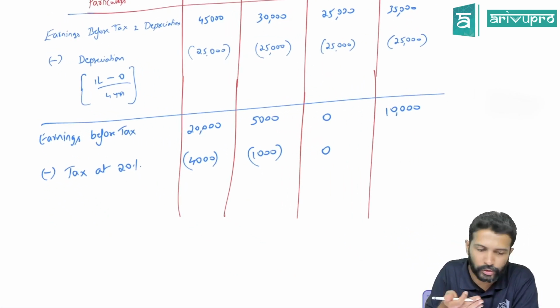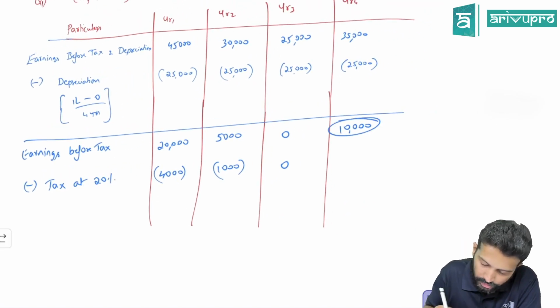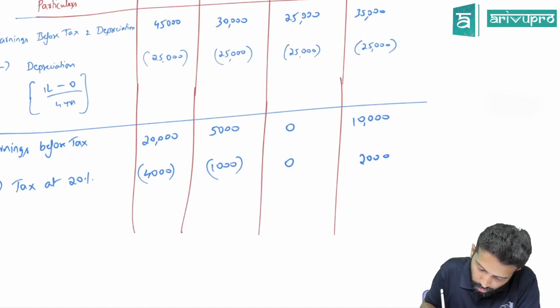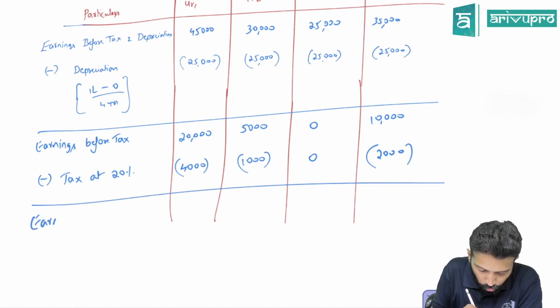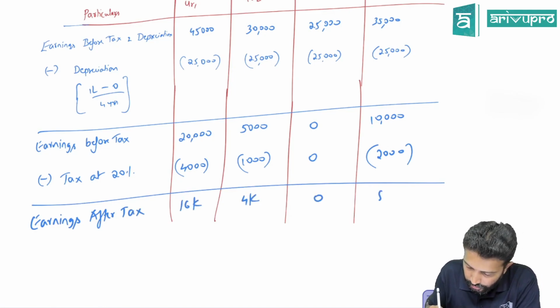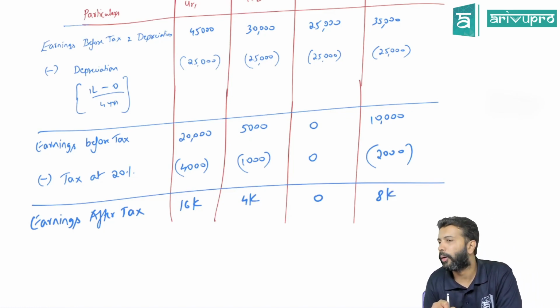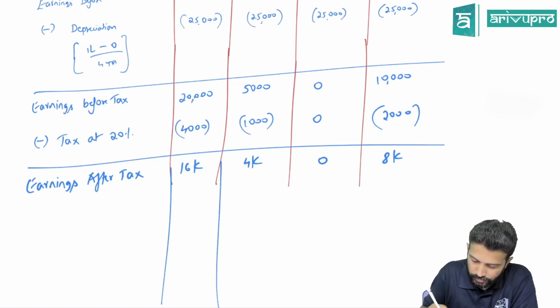You don't have any profit, so the tax element also will be 0. 10,000 into 20% will give you 2,000. So what is your earnings after tax, or EAT as you used to call it till now? Earnings after taxes: here it is 16,000, here 4,000, and here it is 8,000. Any problem? Okay. Check the screen.